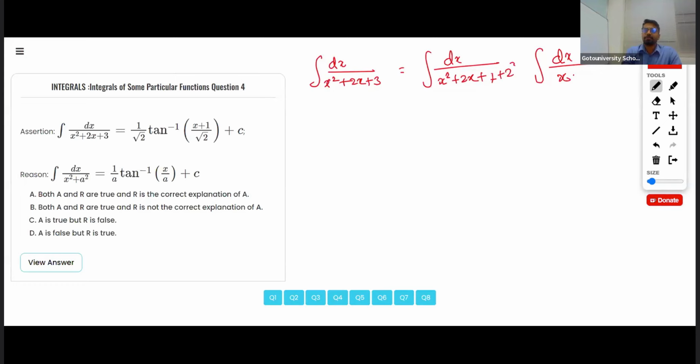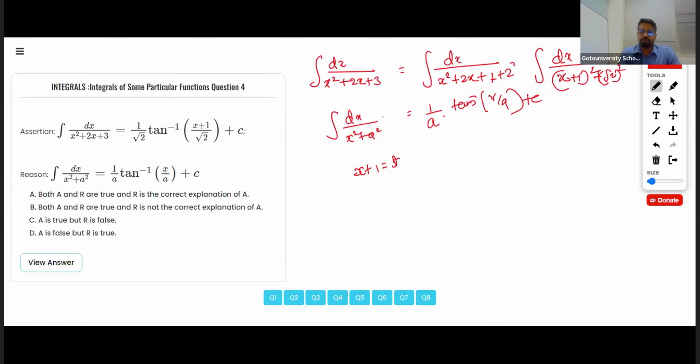Okay, which can be written as x plus 1 whole square plus root 2 whole square. So this is of the form dx by x square plus a square, which is nothing but 1 by a tan inverse of x by a plus c. So here x plus 1 is nothing but I can write as t.